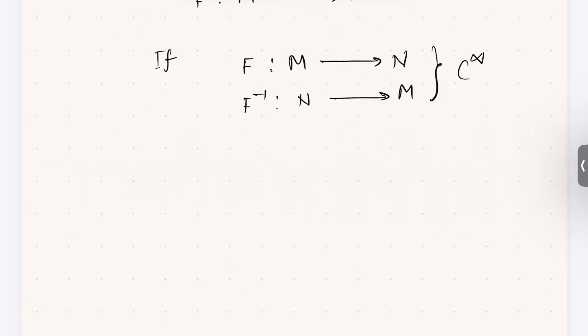But how do I check that f and f inverse are C infinity? How can I say a function f from a manifold M to N is C infinity?